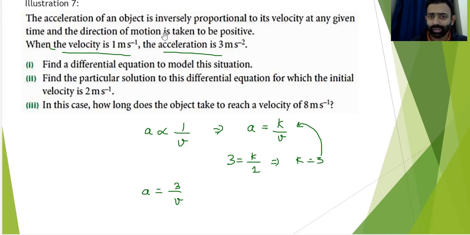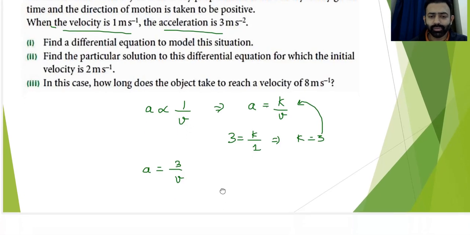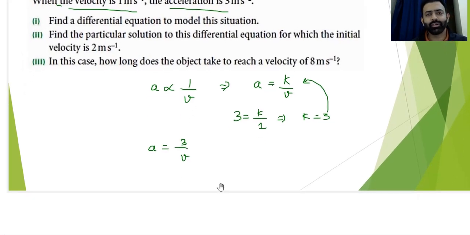Okay, so having said this, you must be knowing that I can replace the variable expression a with dv by dt, because v can be written as ds by dt. Rate of change of distance is velocity and rate of change of velocity is acceleration.